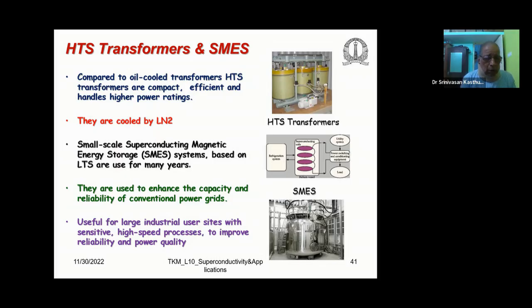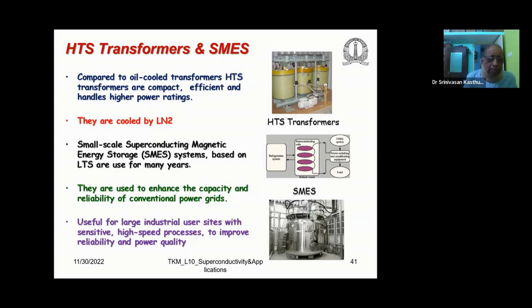And they can be cooled by liquid nitrogen as well. Small scale superconducting magnetic energy storage systems, or SMES, are based on low temperature superconductors, and they have been in use for many years. They are used to enhance the capacity and reliability of conventional power grids.